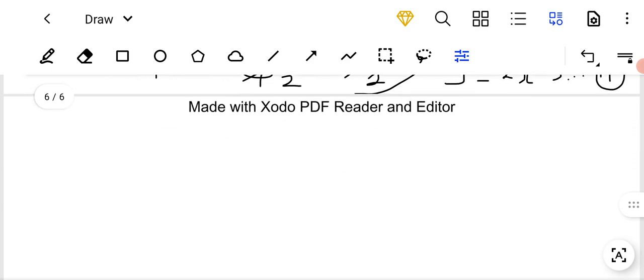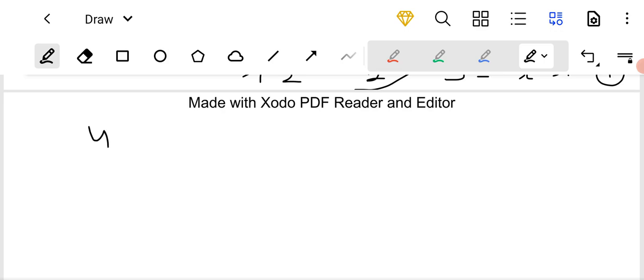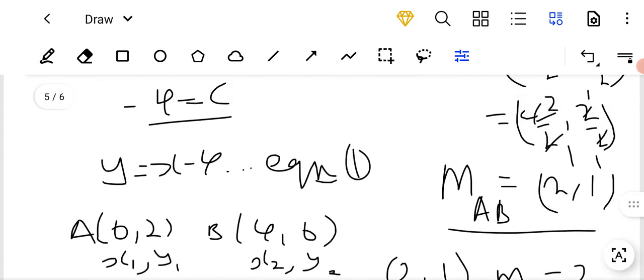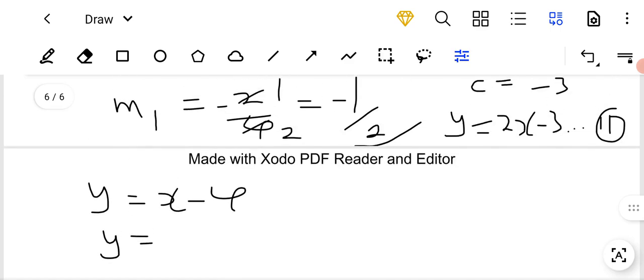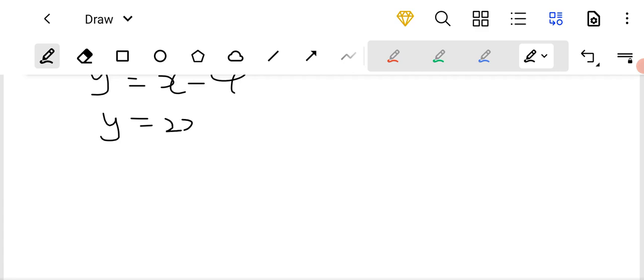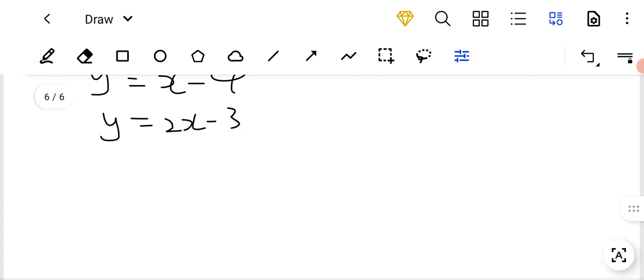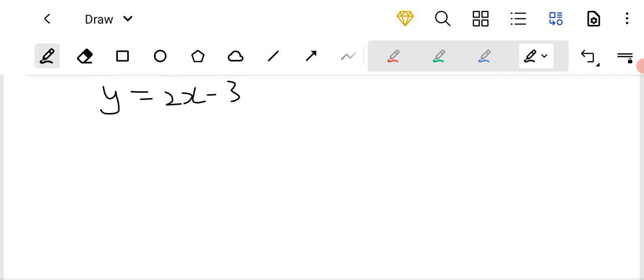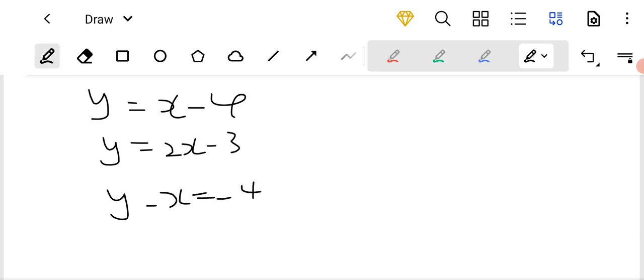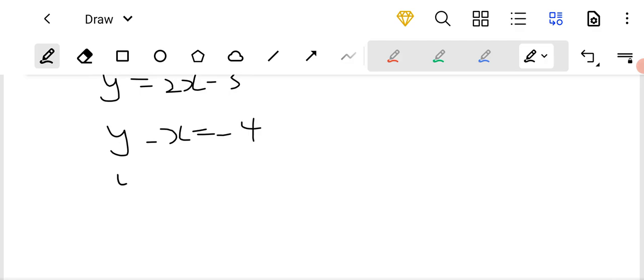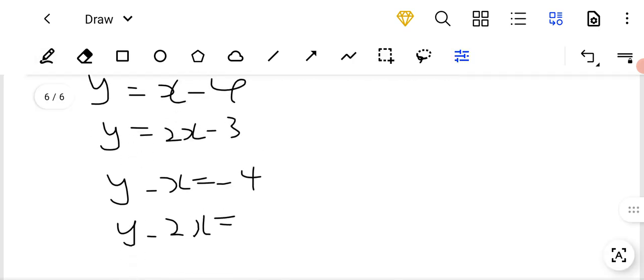We solve them simultaneously. The first equation was y is equal to x minus 4, and then y is equal to 2x minus 3. Let's first of all set the equations up in the correct way. So you have y minus x is equal to negative 4, and y minus 2x is equal to negative 3.